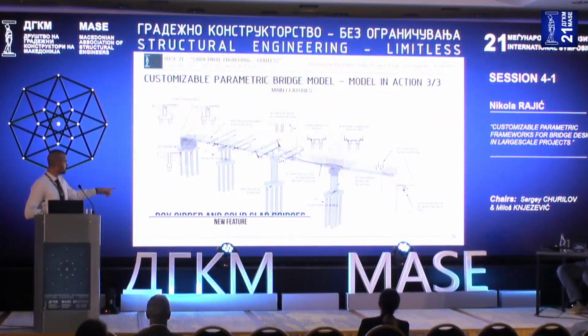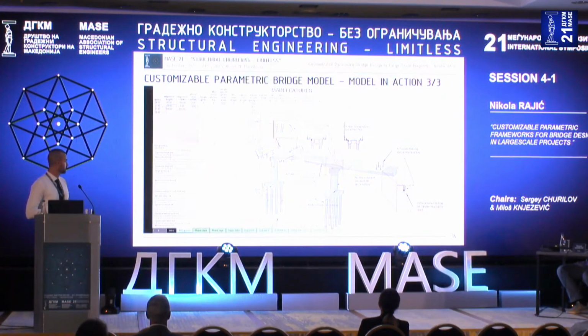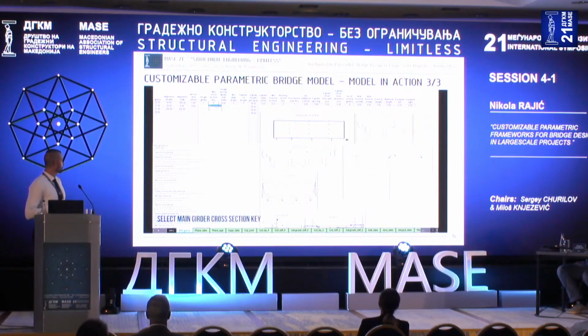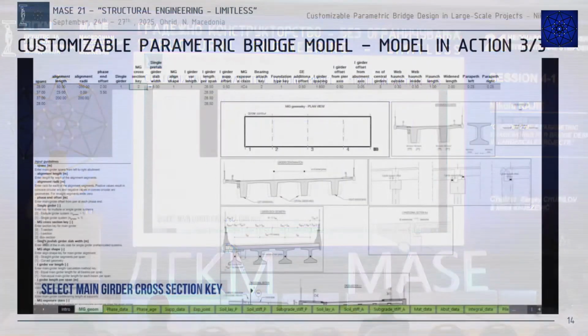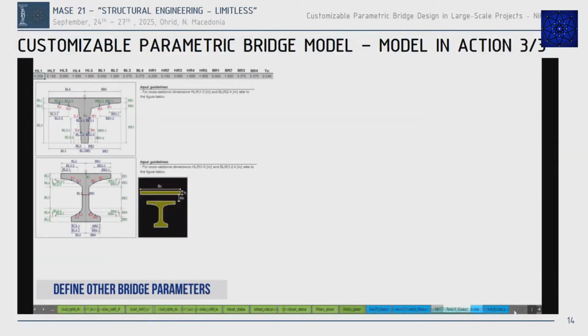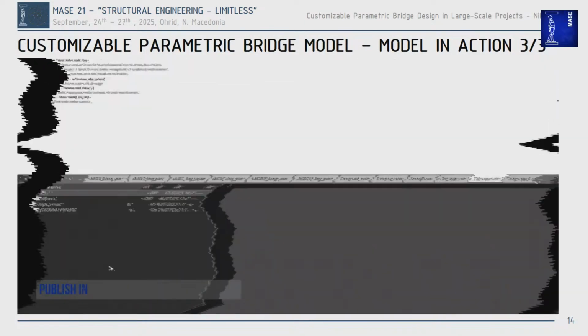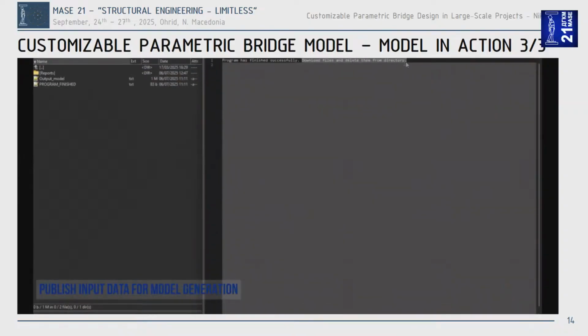And let's see the last one. In this last one, you can see also the workflow for this software. This is from the latest version of this software, where box girder and solid slab bridges are also introduced. So engineers, once again, now select the main girder cross-section type, for example, T-section bridges, etc. They input all of the other bridge parameters, publish the model, and run analysis.